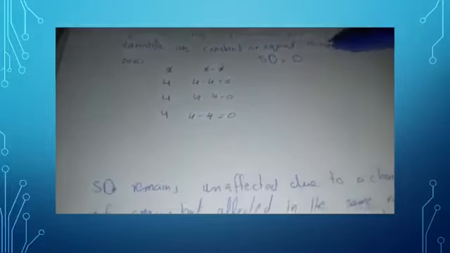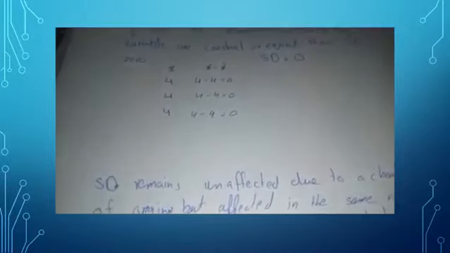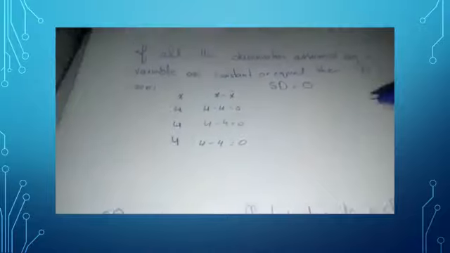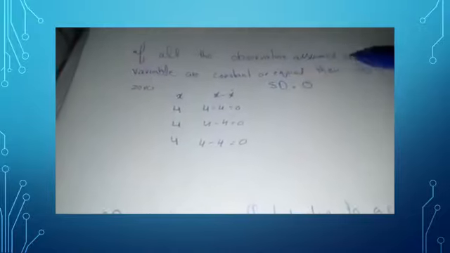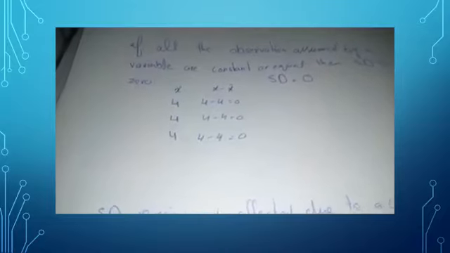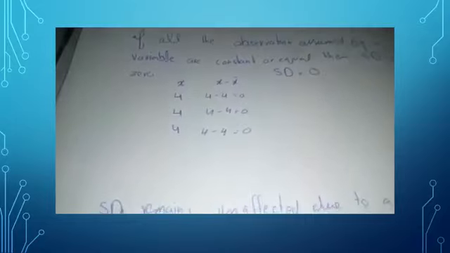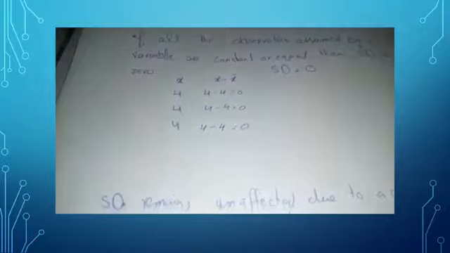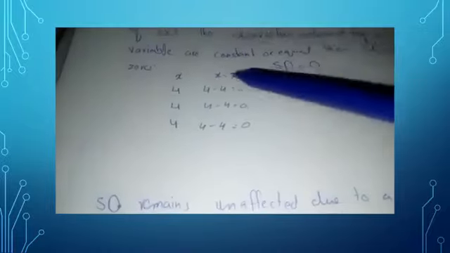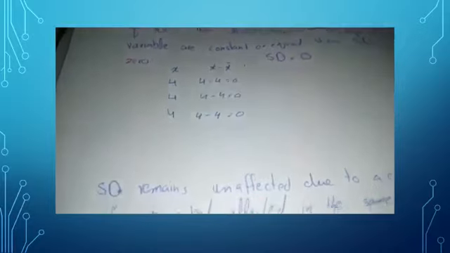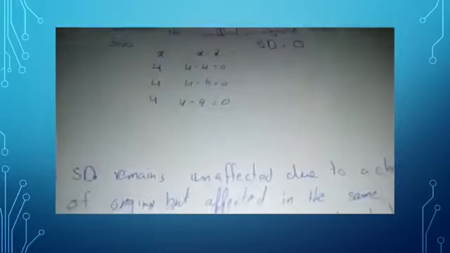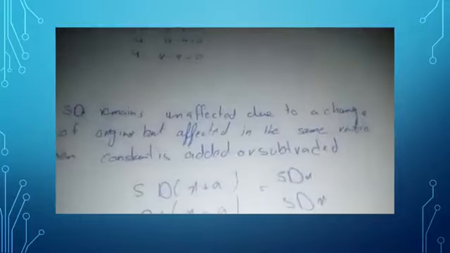If all the values are negative, then standard deviation is positive. We already discussed this step. And if all the observations or all the values are constant or the same, then standard deviation is 0. For example, x is 4 and x minus mean is 4 minus 4, which is 0, and the standard deviation is 0.